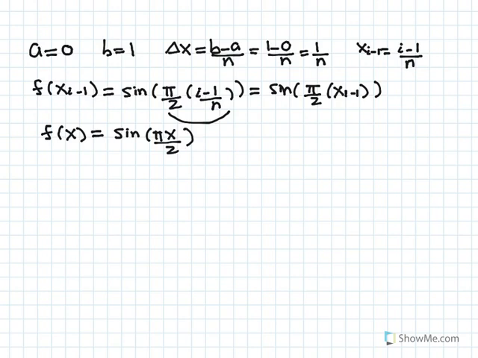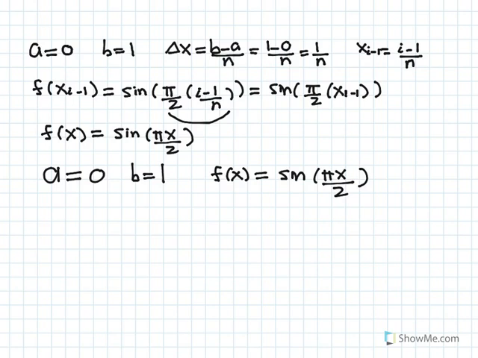So we now have all the pieces of the puzzle. We have a equals 0, b is equal to 1. We have the functional values f of x is equal to sine of pi x over 2. So we can now turn the Riemann sum into a definite integral. So let's rewrite the Riemann sum.